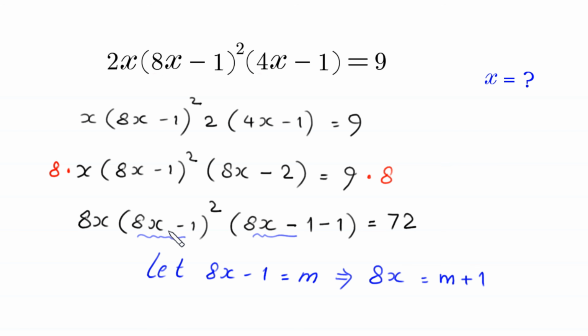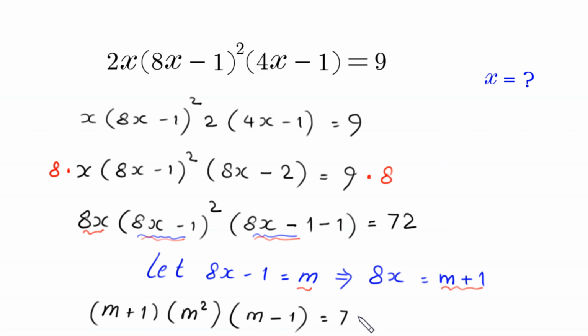So in this equation we replace this 8x with m plus 1, and we replace this 8x minus 1 and this 8x minus 1 with m. So this equation will become m plus 1 times m squared times m minus 1 is equal to 72.